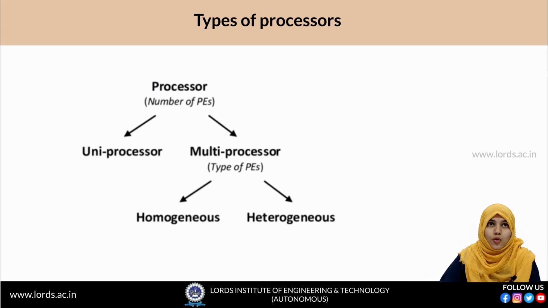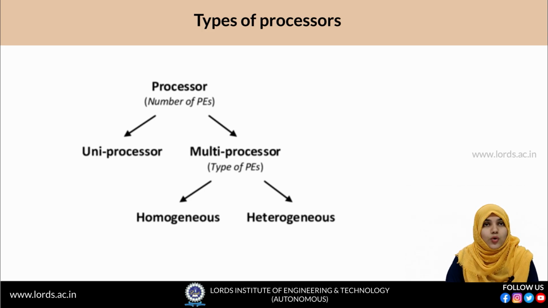Next, types of processors. There are mainly two types of processors: one is the single processor, that is nothing but a uniprocessor, and the other is the multiprocessor.